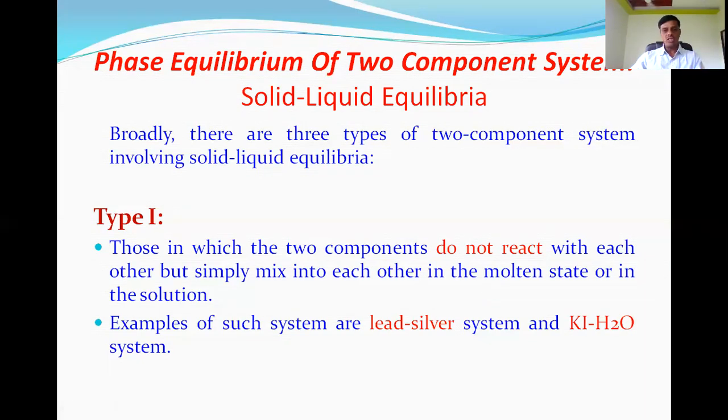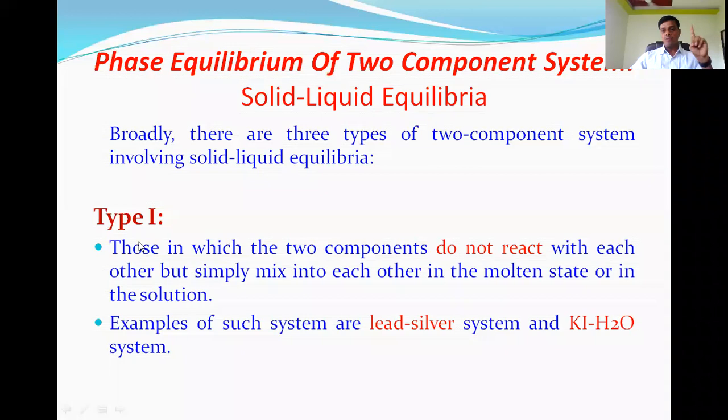This is the one kind, where they do not react with each other, but they mix together to form a homogeneous mixture. And the examples of such first type are the lead silver system and the potassium iodide and water system. Okay, they have not named these three types, but they have categorized only three types of solid liquid equilibria.